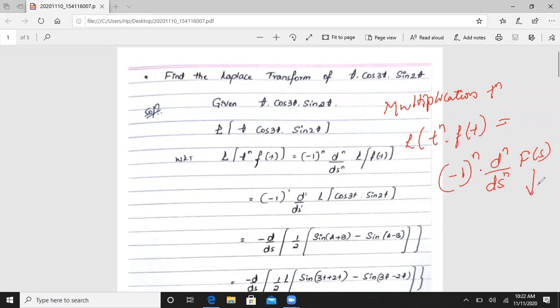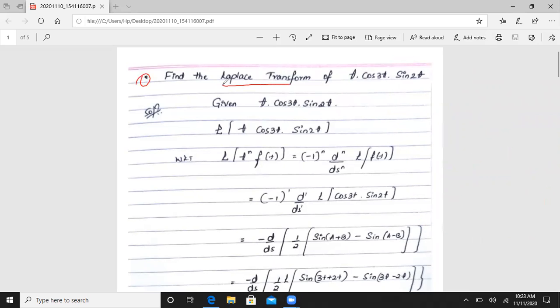So instead of writing F of s, we will write Laplace transformation of f of t. This is your statement of the multiplication property of t to the power n. So we will solve some problems related to this property.